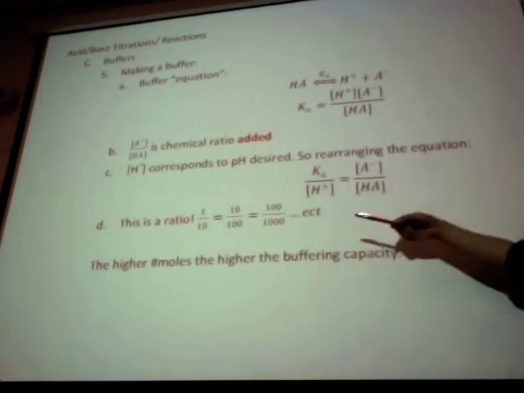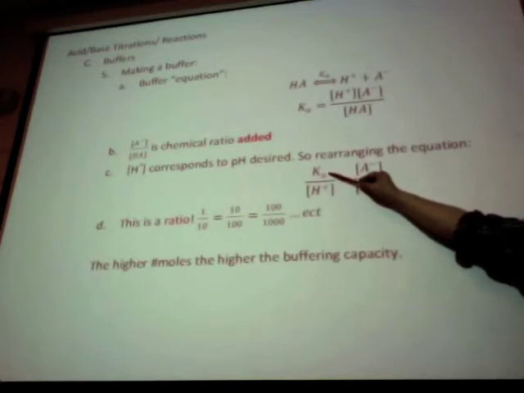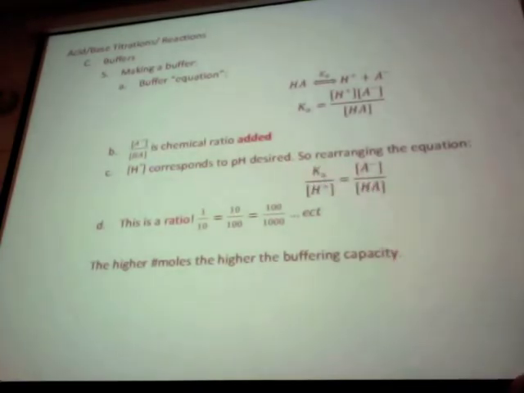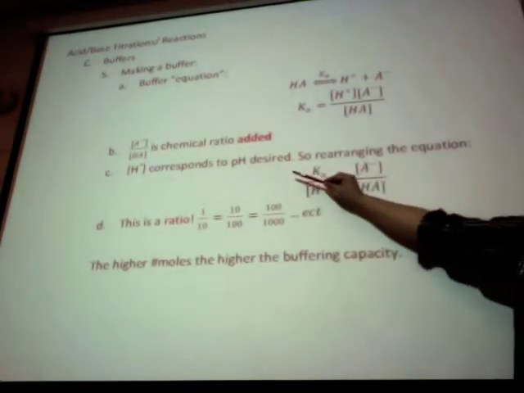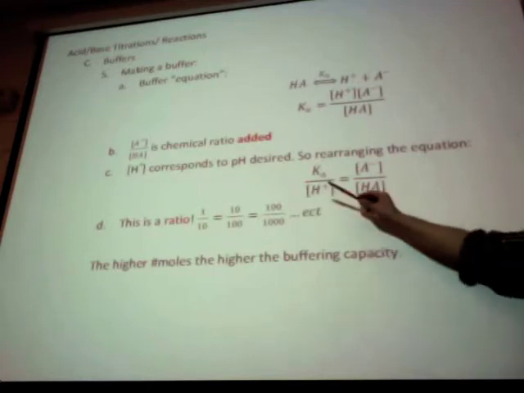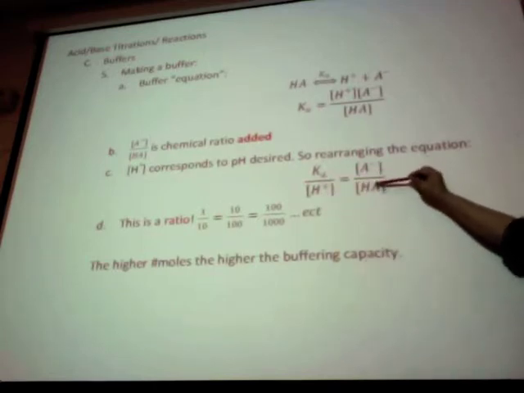So rearranging that, right, the Ka is a table value. You want to pick one acid that is nearest to your desired pH. Okay, the pK is closest to your buffering pH. So you set it up like this, table value over that, then a ratio.